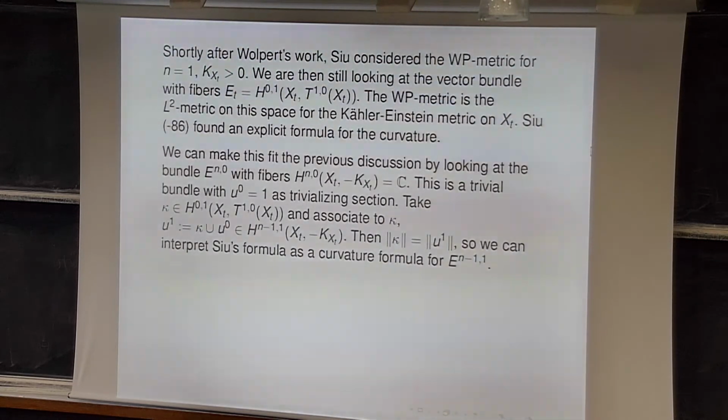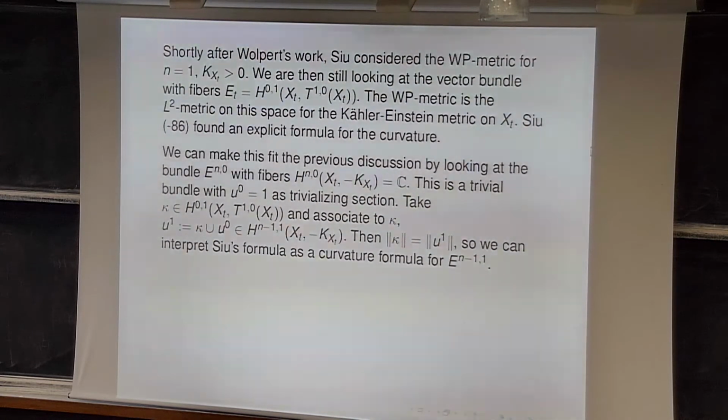Now, you can connect this to the bundles H^{n,0} that I discussed before by looking at a vector bundle, a bundle E^{n,0} that has those fibers now. So you should notice now that I'm still looking at n-forms, holomorphic n-forms, but they take values in the negative of the canonical bundle, which is negatively curved. So n-forms with values in the inverse of the bundle of n-forms, it's just C, and actually the whole bundle is trivial.